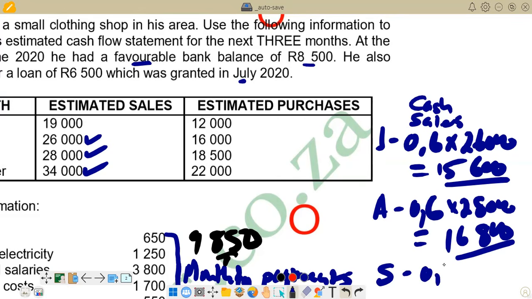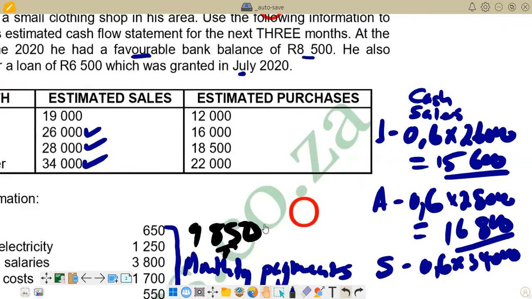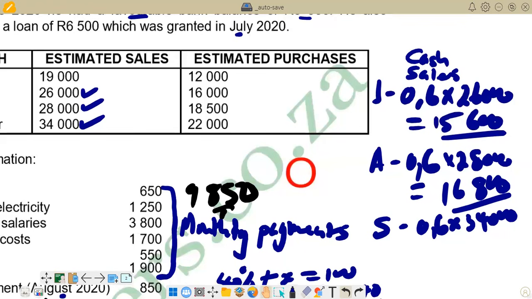September, I do the same, 0.6, you multiply by 34,000, then you get 20,400. So that's what we have there.